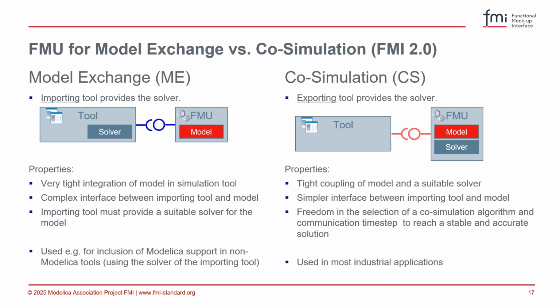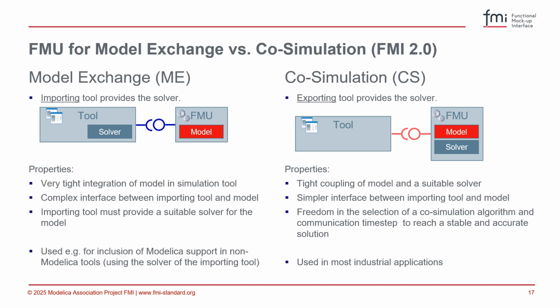There are two different kinds of FMUs in FMI 2.0. Model Exchange, ME, versus Co-Simulation, CS FMUs. Please remember that we typically have a model that contains ordinary differential equations. And one of the main differences between Model Exchange and Co-Simulation FMUs is where the solver of these differential equations is located.